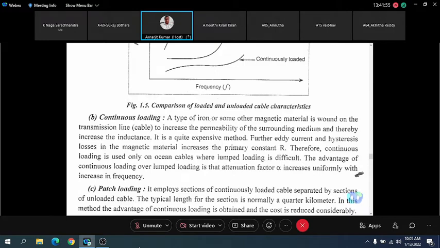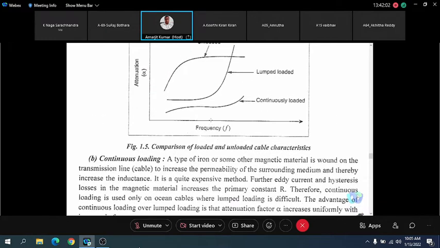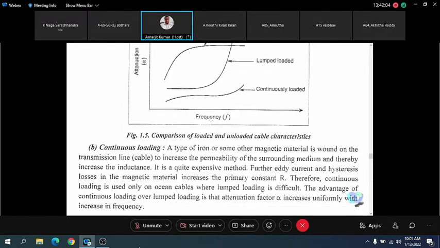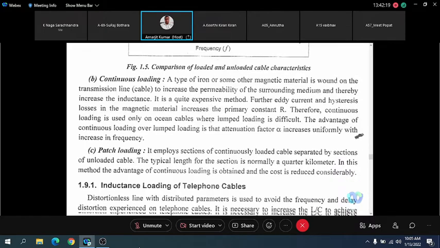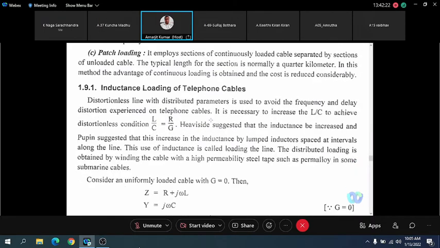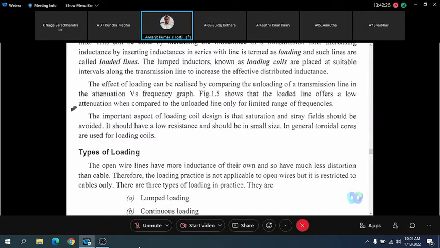Here, sections of continuously loaded cable are separated by sections of unloaded cable. So the advantage of continuous loading will also be there, and the cost will be considerably less. So for inductance loading, there are three types: lumped loading, continuous loading, and patch loading.